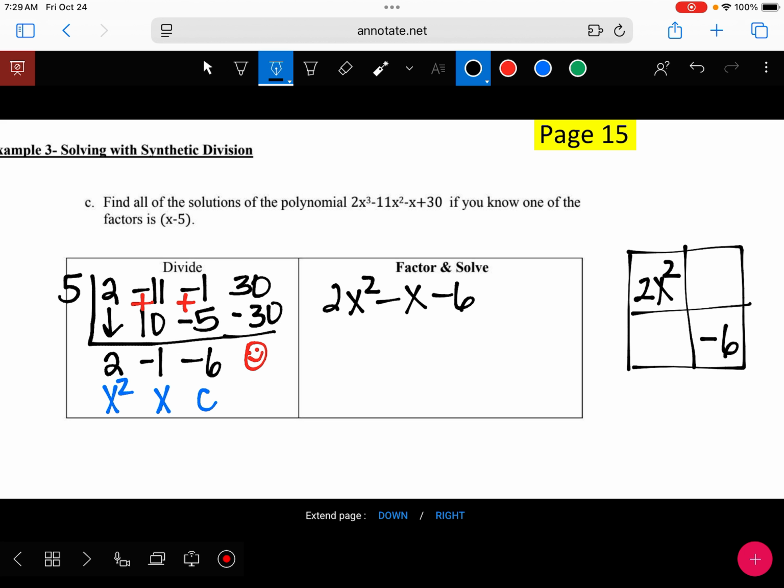So we need to find two numbers that multiply to be 2 times negative 6, which is negative 12, but they add to be b, which is negative 1. So don't say it out loud. Give everybody a chance to come up with the numbers. They multiply to give you negative 12, but they add to give you a negative 1.